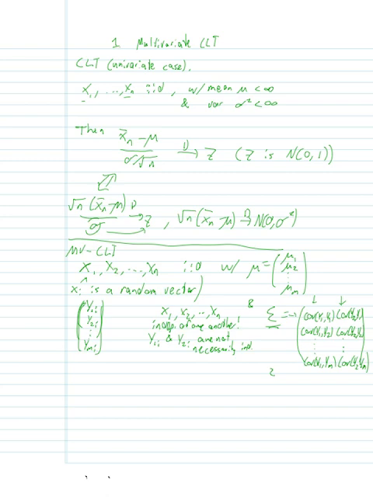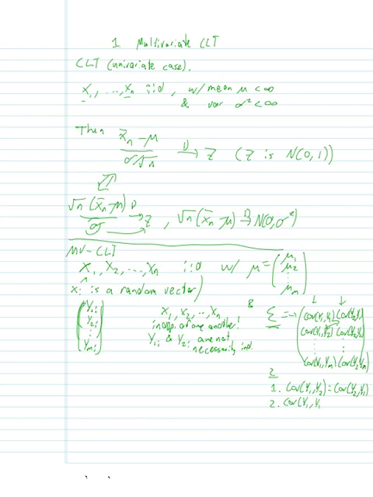I really did not give myself enough space. Then the next row would be covariance of y2, y1, covariance of y2, y2, to covariance of y2, ym.